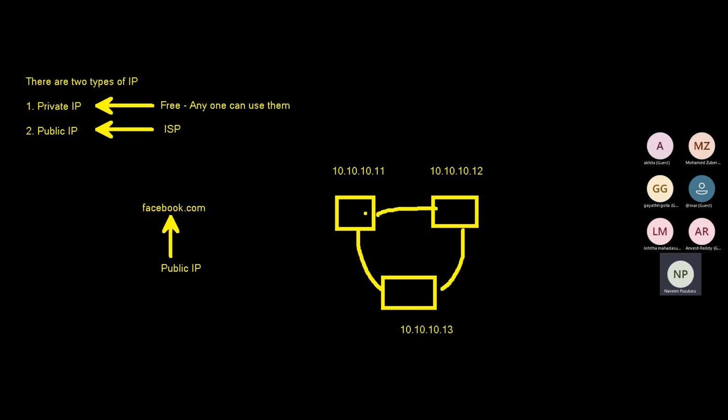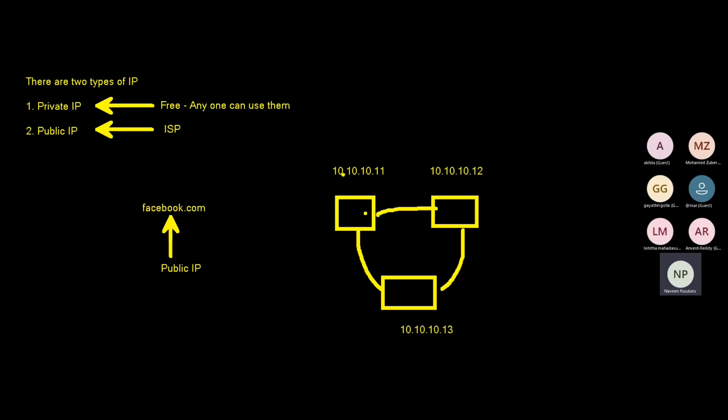Configure private IPs on both laptops. Even disconnect your laptops from the internet and assign private IPs, so that those two laptops can communicate with each other, and you can copy the data through that Wi-Fi connection.